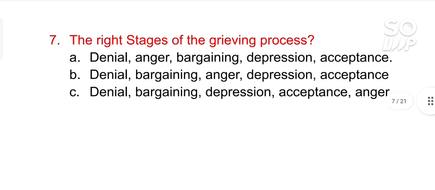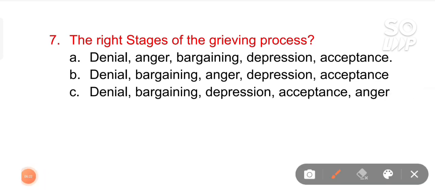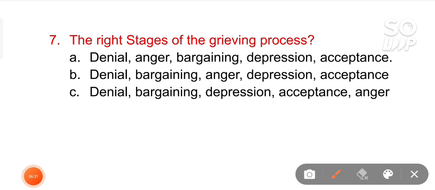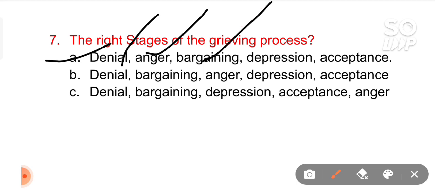The next question is, the right stages of the grieving process. What are the normal and proper stages of grieving? The options are: option A, denial, anger, bargaining, depression, acceptance.